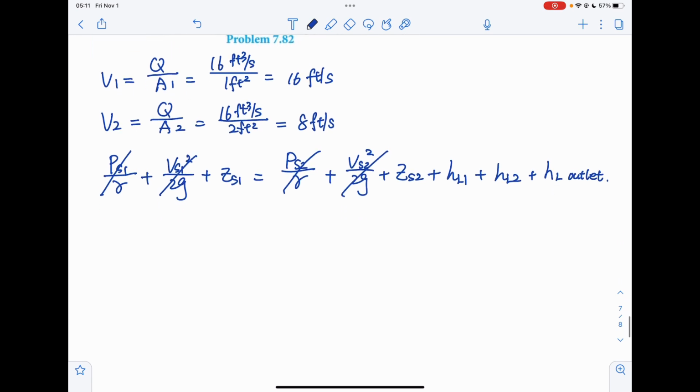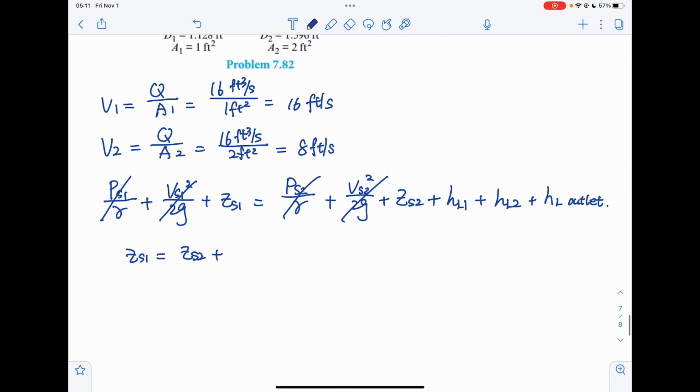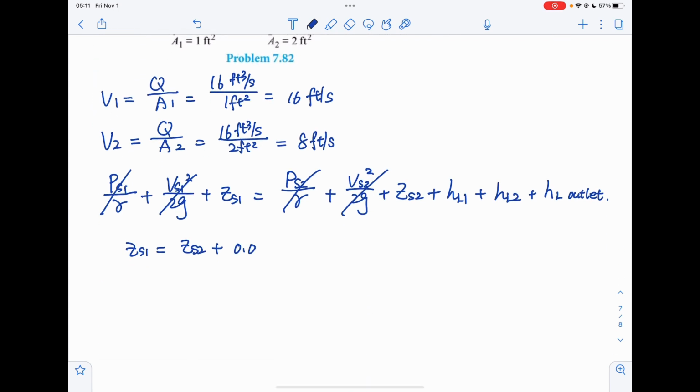So we will only have the elevation ZS1 equals the elevation ZS2 plus the first head loss term, which is 0.02 L1 over D1 times V1 squared over 2g, plus the other head loss, 0.02 L2 over D2 times V2 squared over 2g.